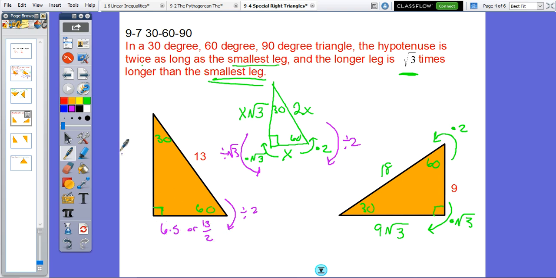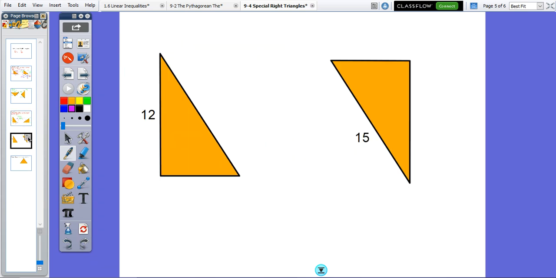Either one is correct. Now we're going to go to our long leg, and the pattern goes from small leg to long leg, so we're going to multiply by radical 3. So you can either have 6.5 radical 3, or in fraction form, 13 over 2 radical 3. Either one's correct.